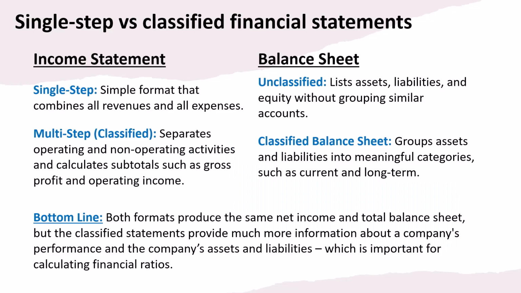You might be asking yourself how the classified financial statements are different from the financial statements we've worked with previously. On the income statement, classification means using the multi-step format. Rather than listing revenues and expenses together, the multi-step statement separates core and non-core operating items, organizes them into categories, and calculates important subtotals like gross profit and operating income.